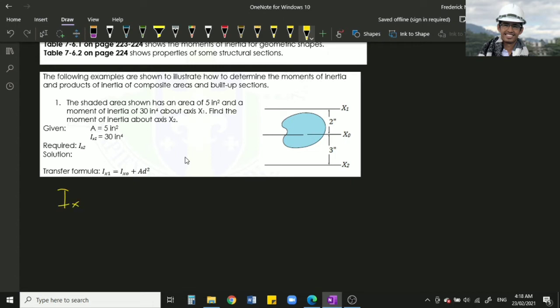So Ix1 is equal to Ixo plus AD squared. Okay? So we need to get our Ixo first. Given our moment of inertia about x1, that is 30 inch to the fourth is equal to Ixo plus our area that is 5 inch squared.